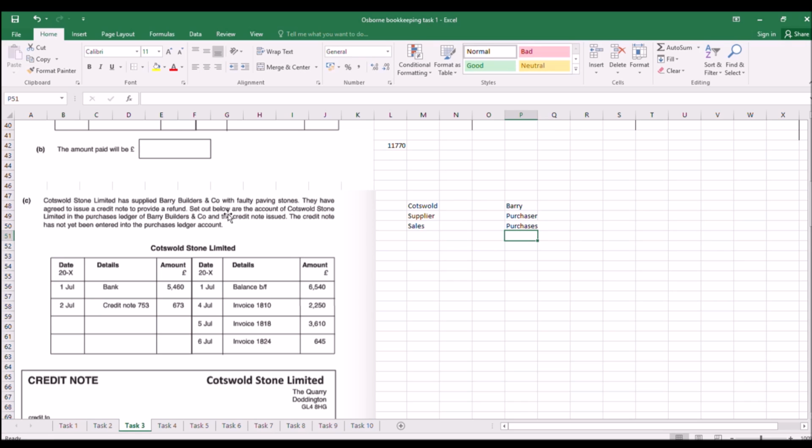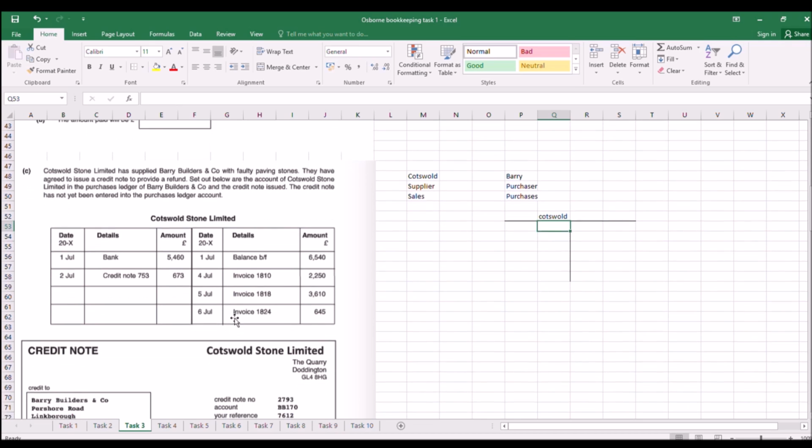Okay. They have issued a credit note. Set out below is our purchase ledger here of Barry. You've got our purchase ledger for Cotswold Stone. There. Okay.